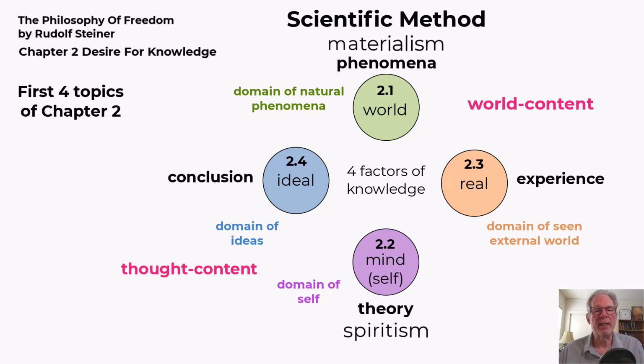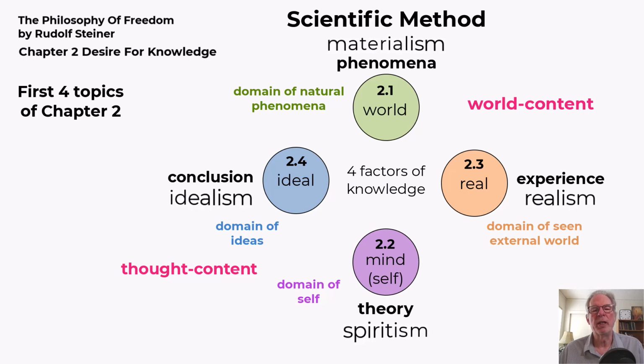This is the place of all unverified theories accepted on faith. Topic 2.3 is a discussion of realism and the practical experience gained by looking outward into the external world. Topic 2.4 is idealism. It is about forming ideal thought pictures of the world.